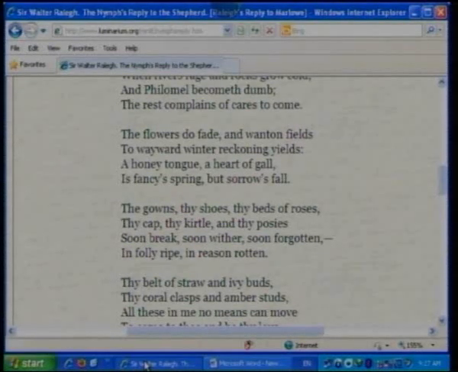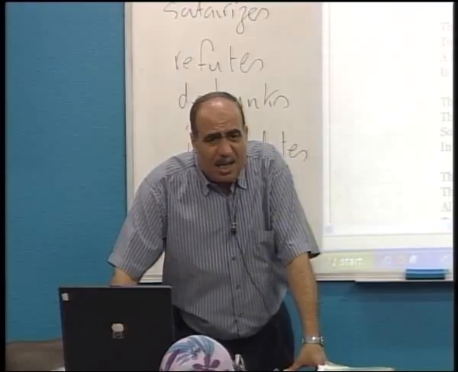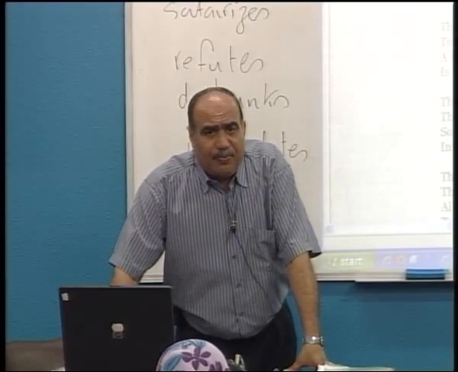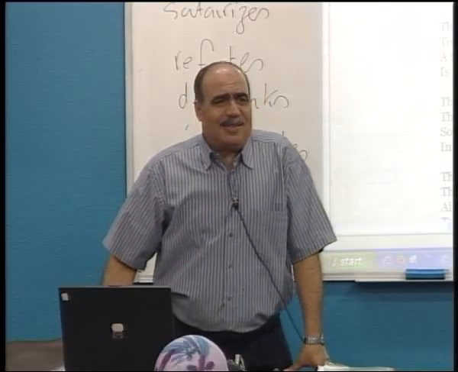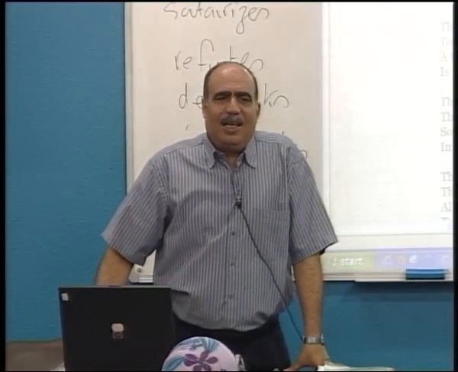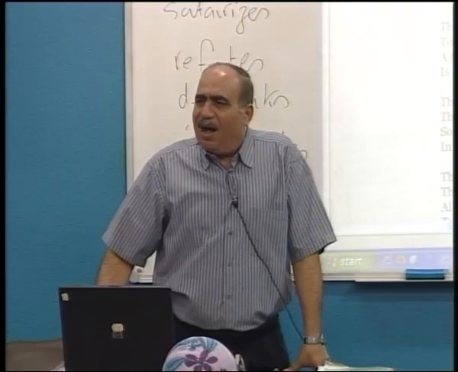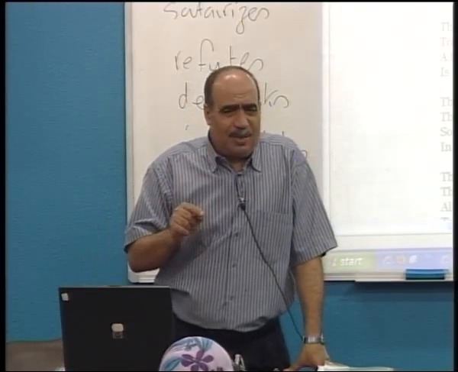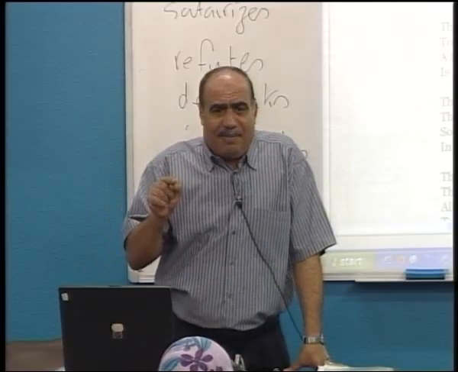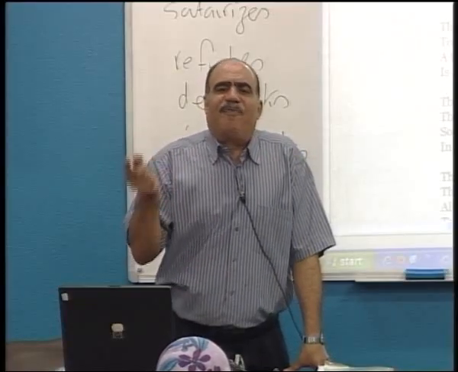Everything will be rotten. And rottenness is an image of decay. So, as you see here, he undermines, he mocks Marlowe by showing that nothing is immortal. So he mocks him by subverting his theme.